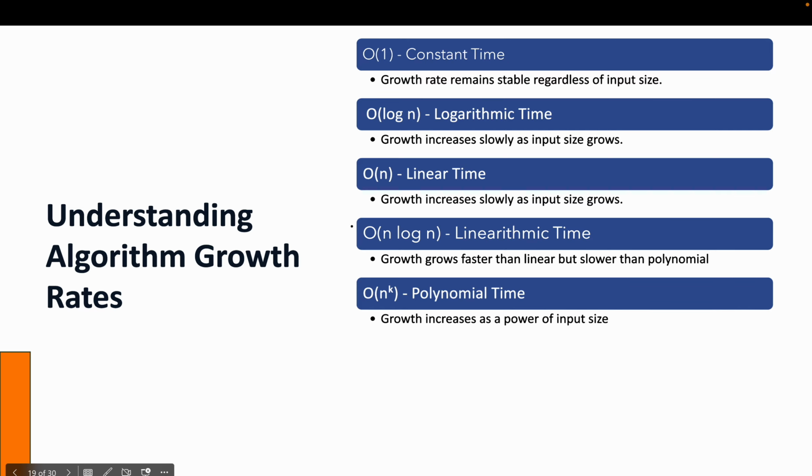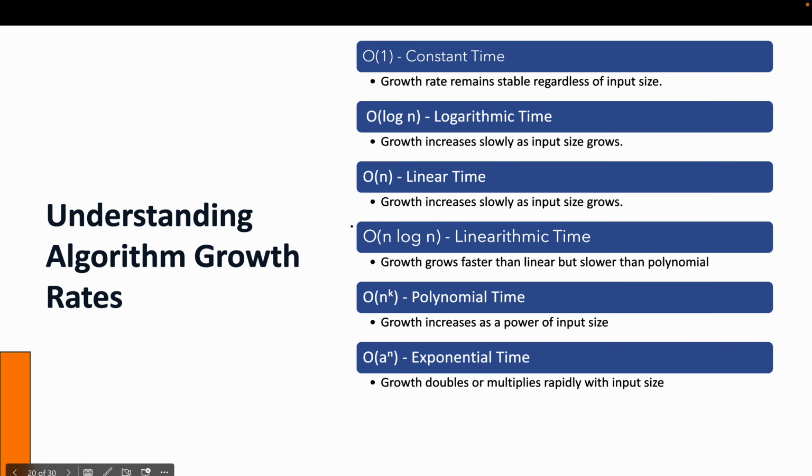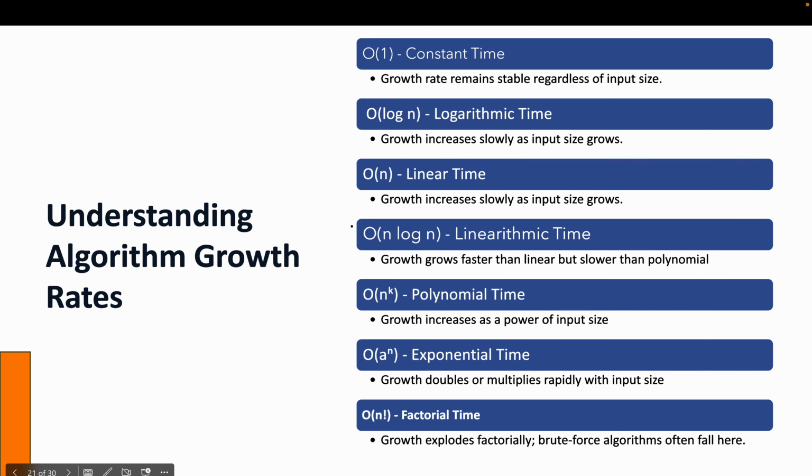This polynomial time increases as the power of input size increases. And then we have the worst cases, exponential time and also factorial time. So as I've said, the growth rate in this direction increases.